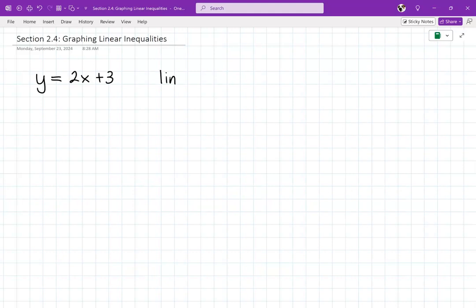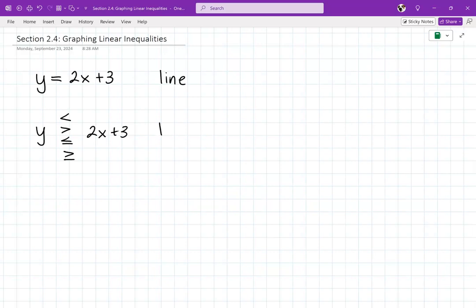Normally, if we get an equation that looks like this, it's a normal line, okay? But if I get something that looks like this, it can be any one of those four: less than, greater than, less than or equal to, greater than or equal to.